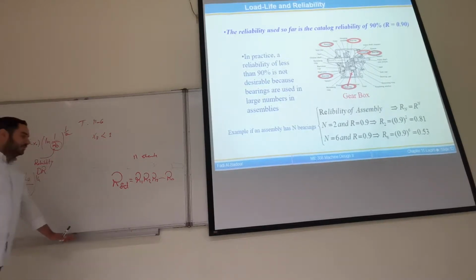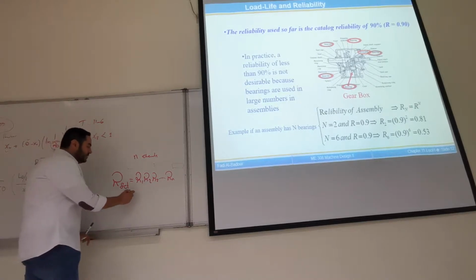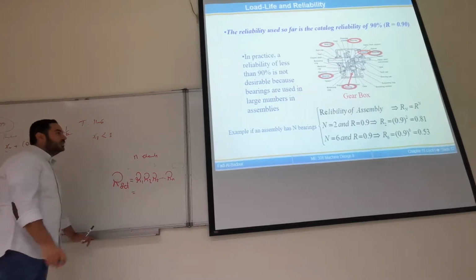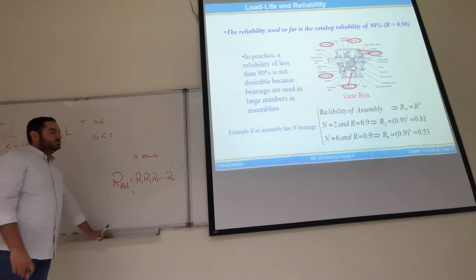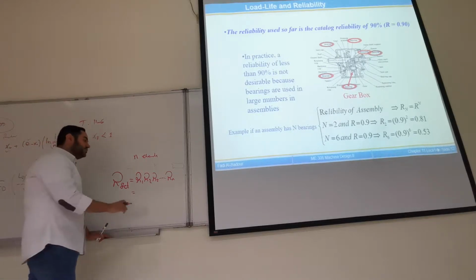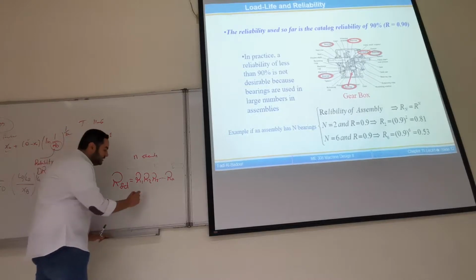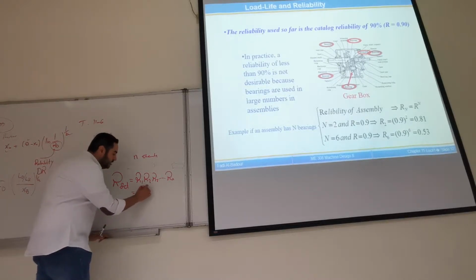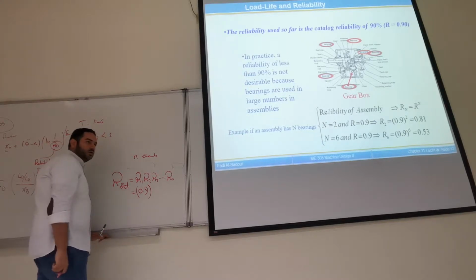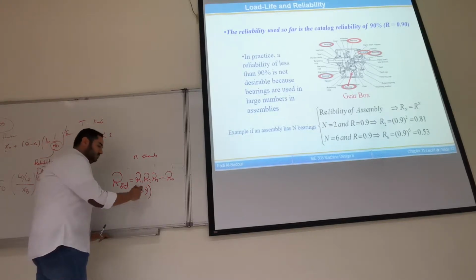Let's take an example of selecting the bearing with a reliability of 90% for this particular gearbox. If I assume that all the bearings were selected with the same reliability of 90%, they have 6 bearings, so the reliability of the set is 0.9, the individual reliability, multiplied by itself 6 times, so I take it to power 6.